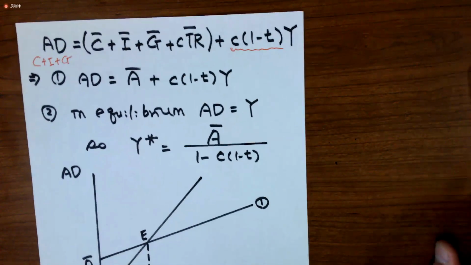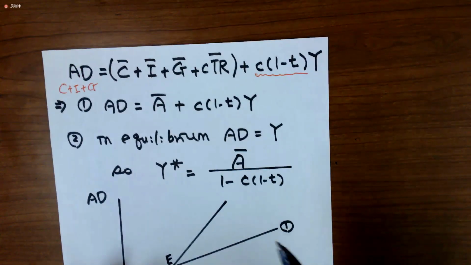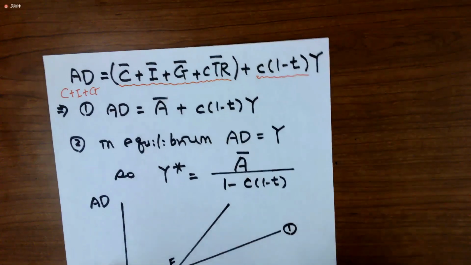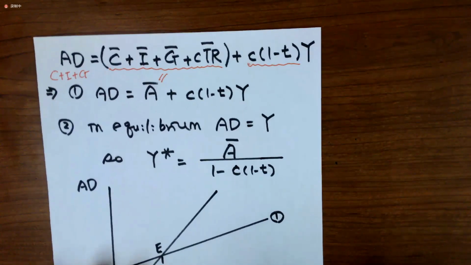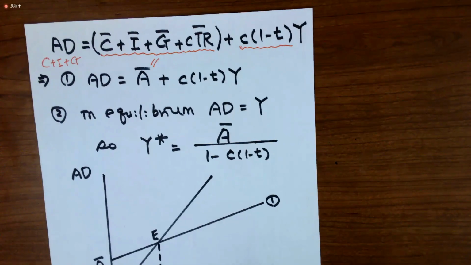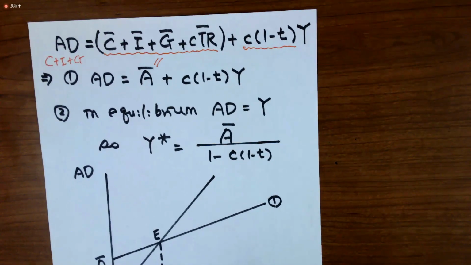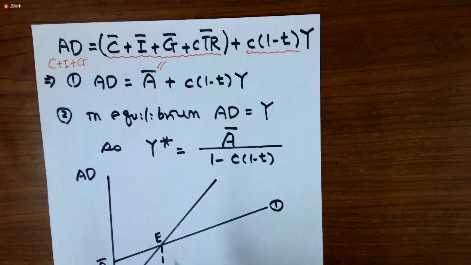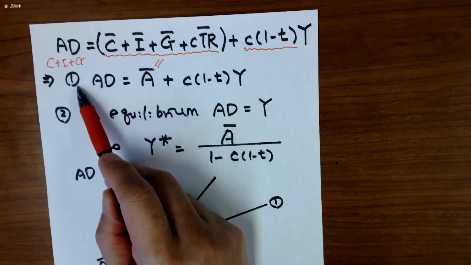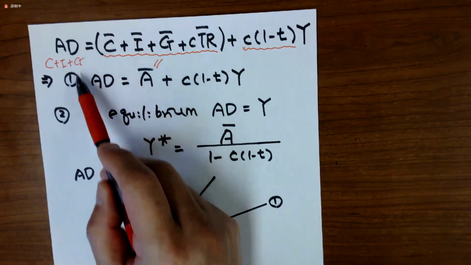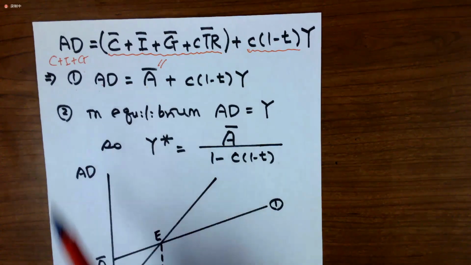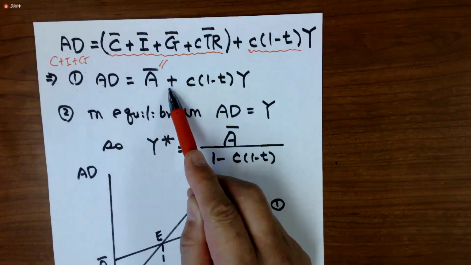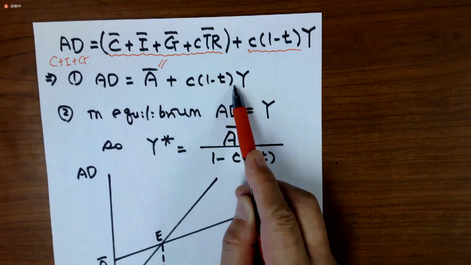We combine these terms and call that total autonomous spending, or total autonomous expenditures. So the first equation of our income expenditure model can be rewritten as equation 1: aggregate demand is equal to A bar plus little c times 1 minus t times Y.